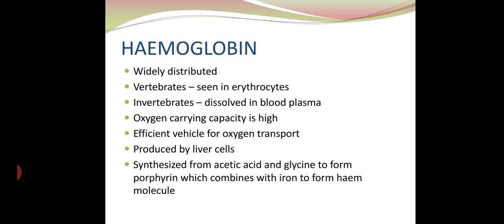Its oxygen carrying capacity is high compared to other pigments, making it an efficient vehicle for oxygen transport. It is produced by liver cells, synthesized from acetic acid and glycine to form porphyrin, which combines with iron to form the heme molecule.